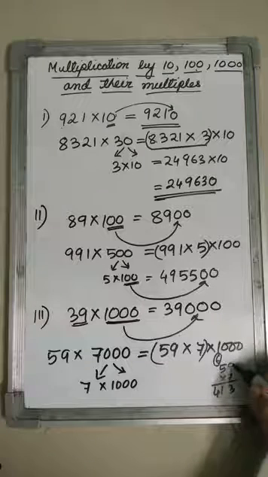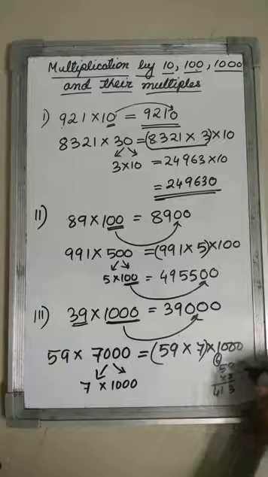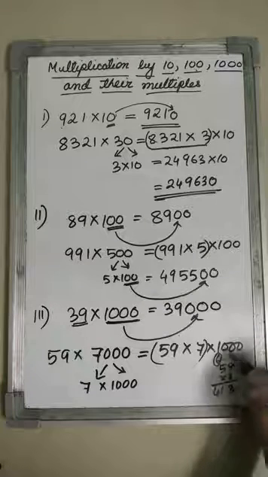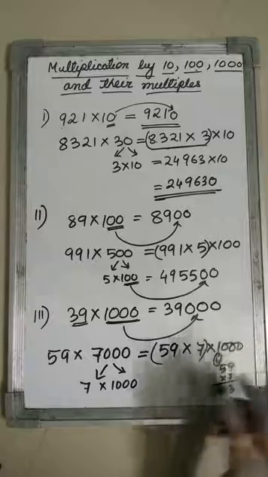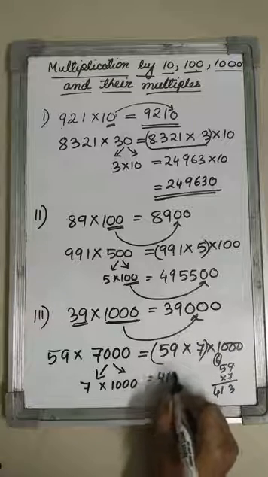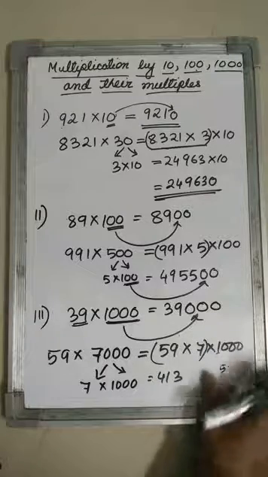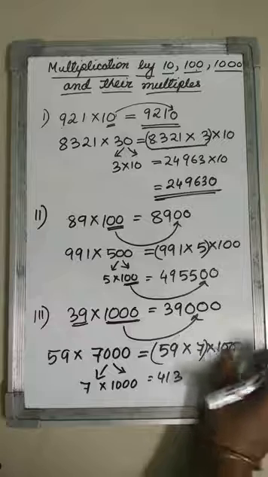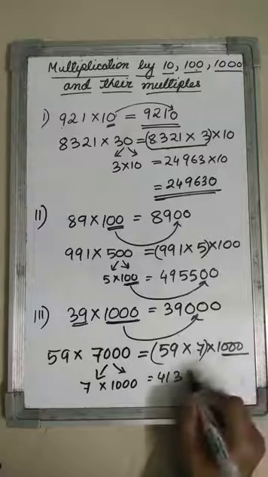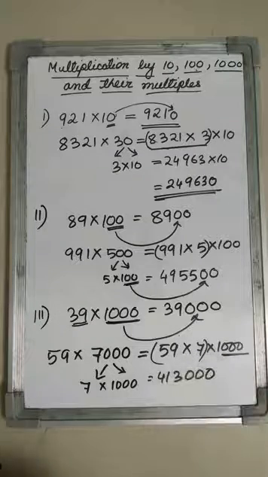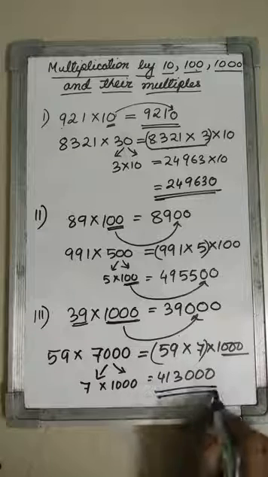So it is 413, and I have 3 zeros, so write the 3 zeros here like this.